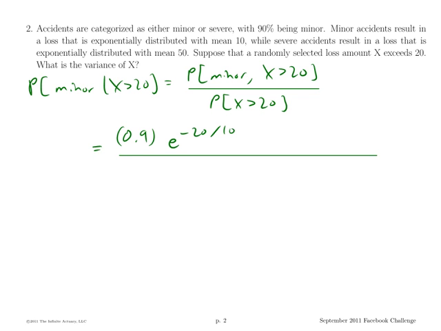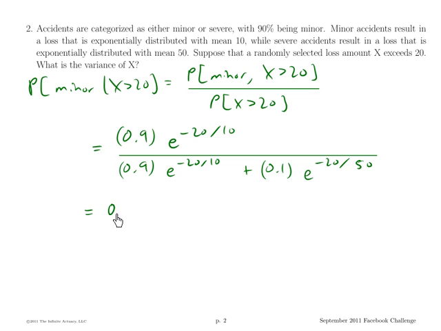Then in the denominator, how can x be greater than 20? There are two cases. Either I have a minor accident, 90% chance of it being minor, e to the negative 20 divided by 10, or I had a severe accident. There's a 10% chance of the accident being severe, and the probability of a severe accident being bigger than 20 is e to the negative 20 divided by the mean of a severe accident, which is 50.